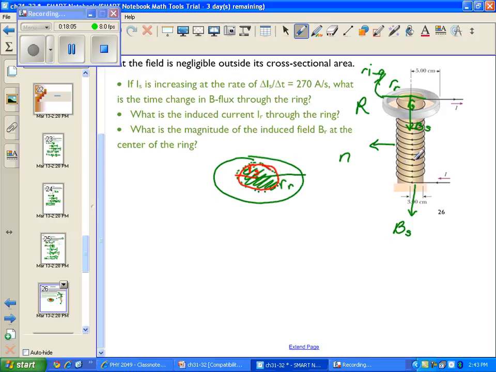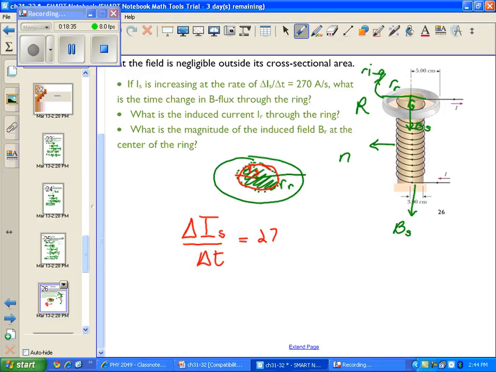So as the current through the solenoid changes, so does the value of its magnetic field, and that magnetic field changing is what changes the magnetic flux through the ring. Okay, so we are told that the current is increasing because they've given us a positive value. The current through the solenoid is increasing at a tremendous rate.